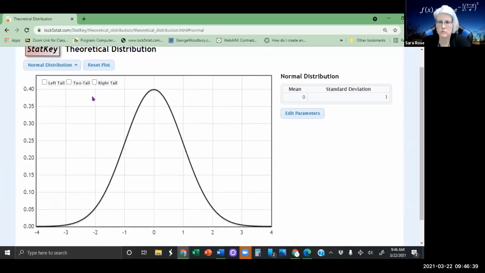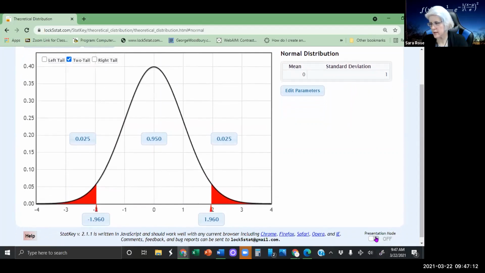And we can do tails on these things, right? This is a normal distribution. In fact, this is the standard normal distribution. You can edit those to get it to not be the standard normal distribution, but this is good for our purposes right now. Let's look at where 95% of the data falls under this normal distribution by making it a two-tailed graph. What do you notice about this two-tailed graph?